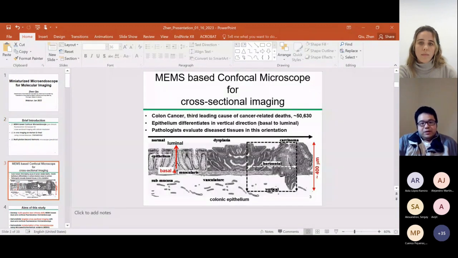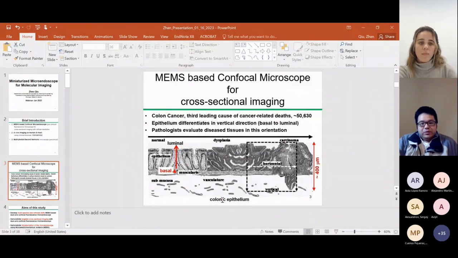The unmet need in the clinic is that most cancers, especially in whole organs, for example colon cancer and breast cancer, start in the epithelial layer.